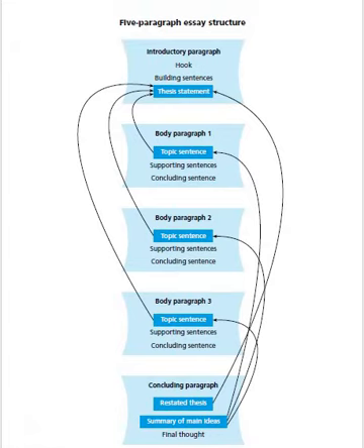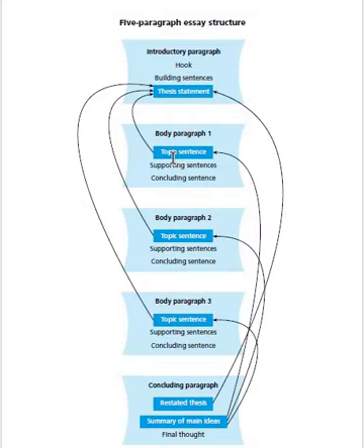The first paragraph is called the introduction paragraph. In the introduction you find the hook sentence, building sentence, and thesis statement. Then with the help of the thesis statement, you build your body paragraphs: the first, the second, and the third body paragraph.